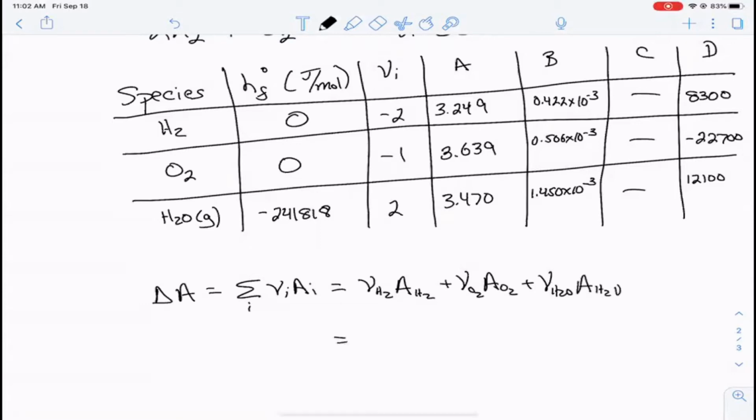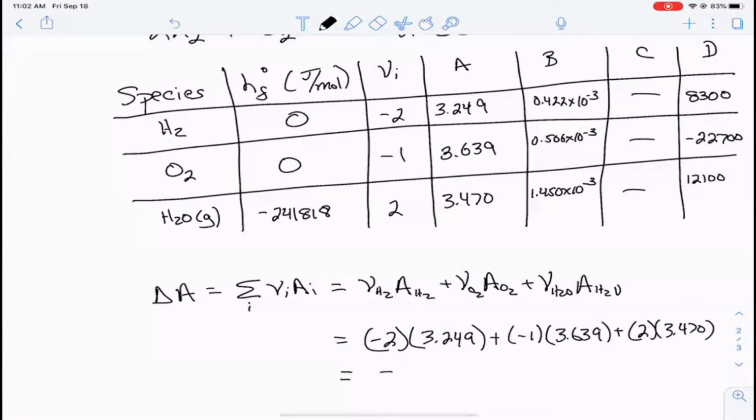And so in this case, the stoichiometric coefficient for hydrogen is -2, then that's times 3.249, plus -1 times 3.639, plus 2 times 3.470. And then that value is -3.197, okay?